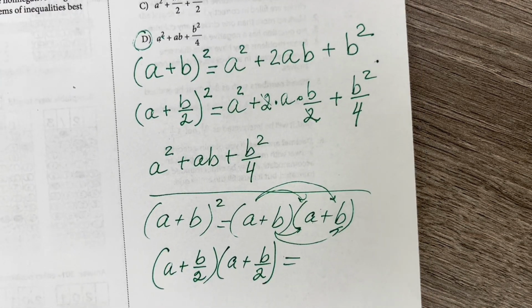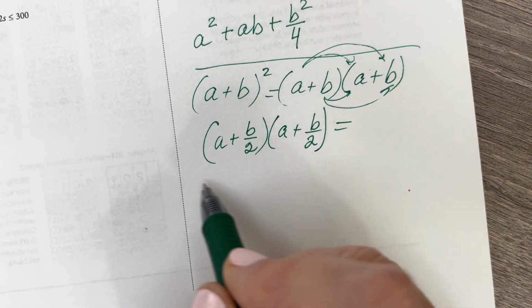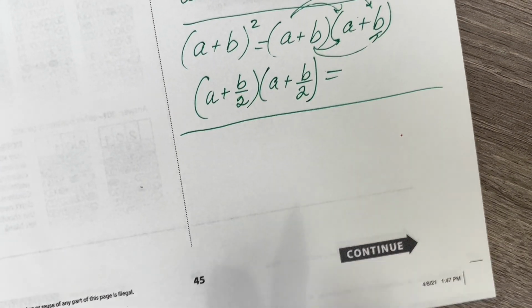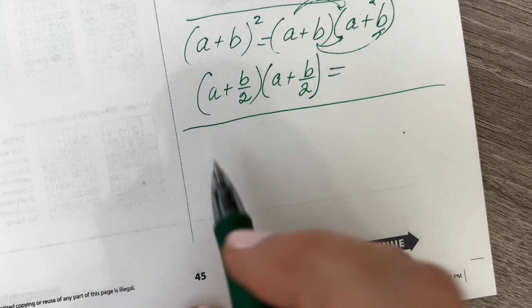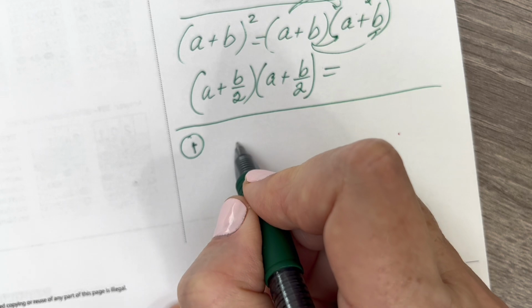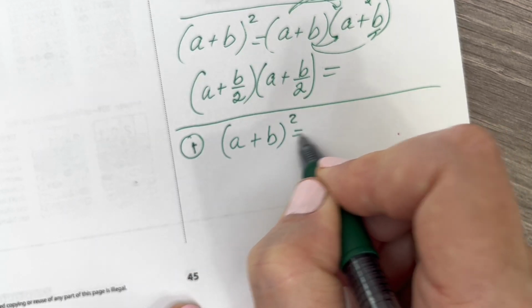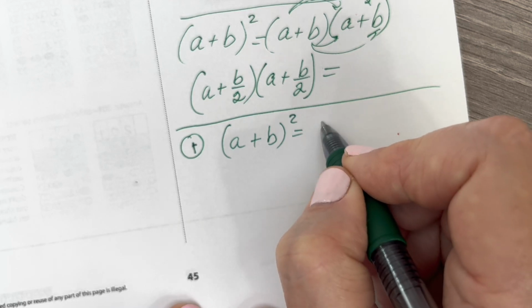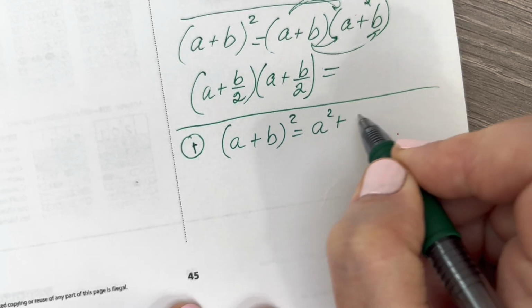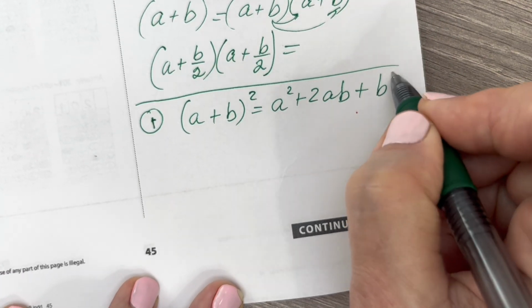In other words, special case formulas you must remember. Let me provide what I recommend, very important special case formulas. First, (a plus b) squared equals a squared plus 2ab plus b squared.